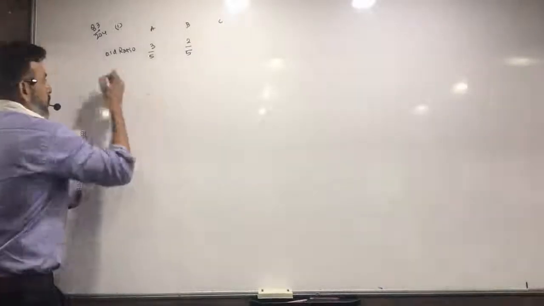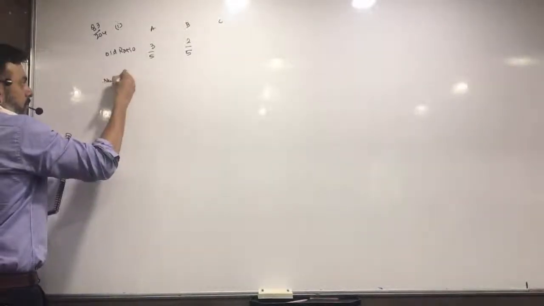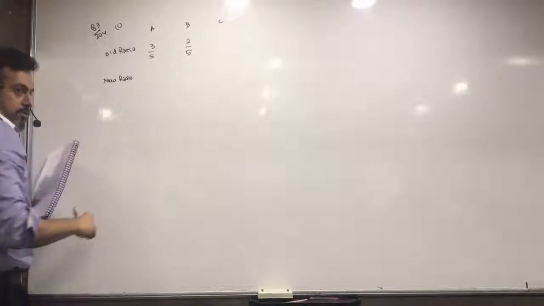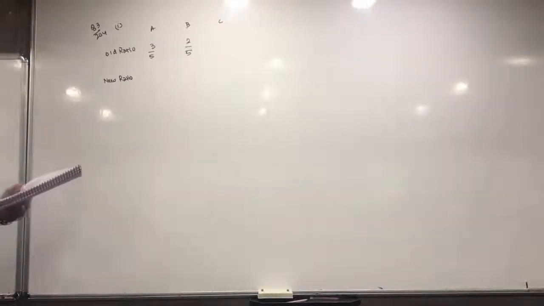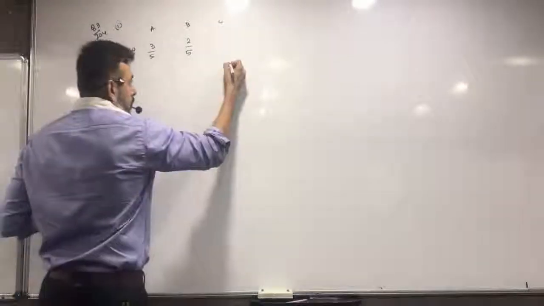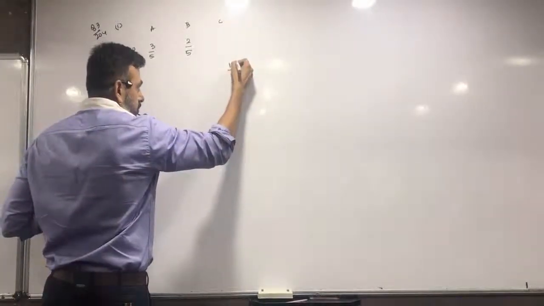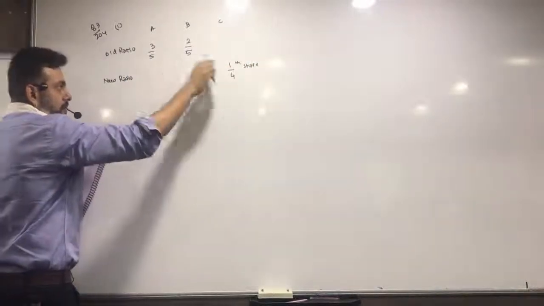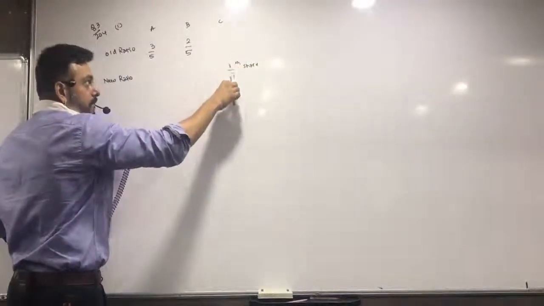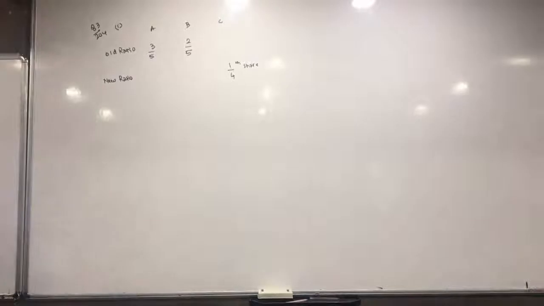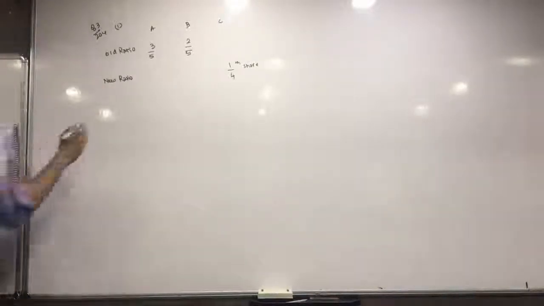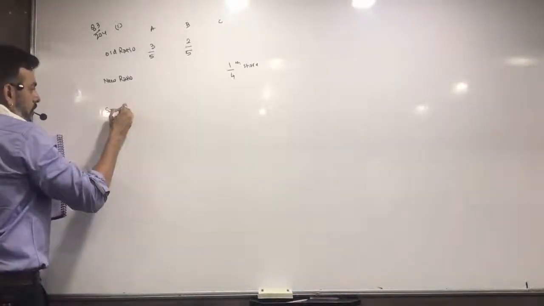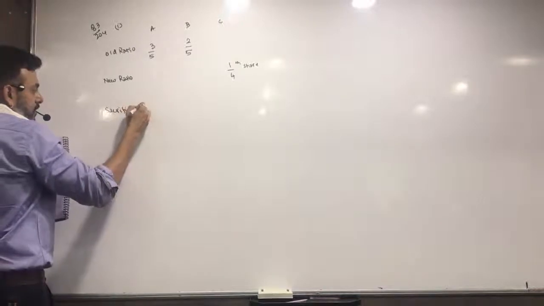Okay. Now new ratio is what we have to find out. But we know that C was admitted as a partner for 1/4 share. So whatever is the new ratio, 1/4 belongs to C. Now what we have to find out? New ratio and sacrifice ratio.